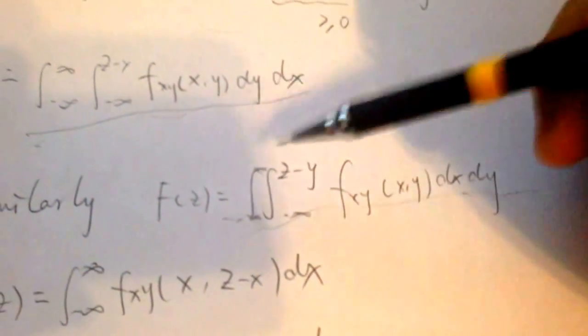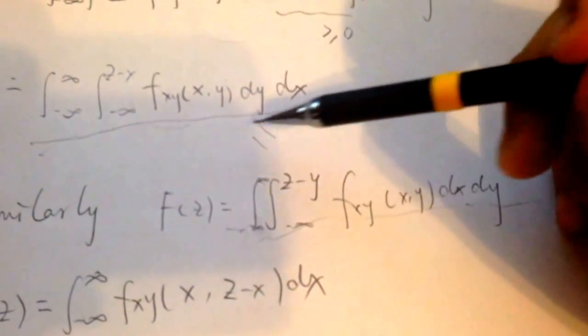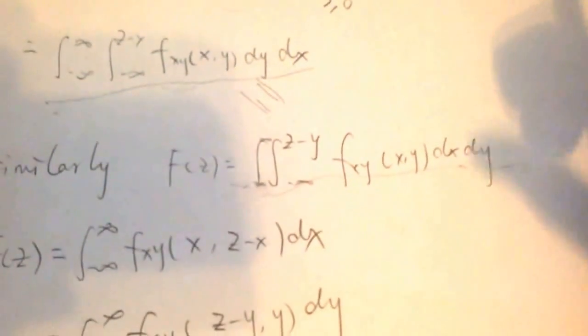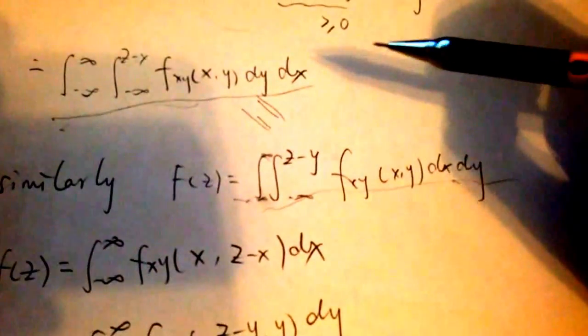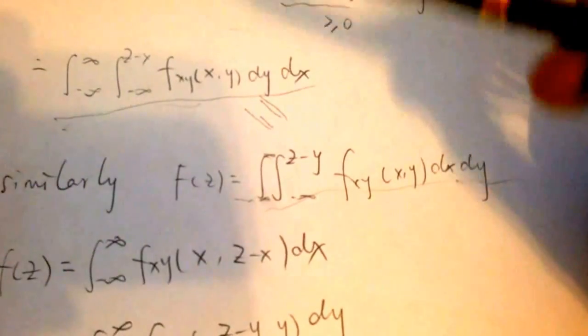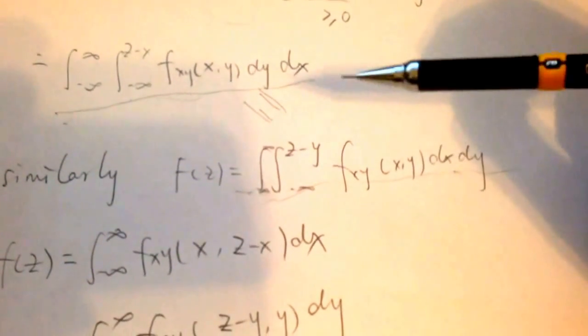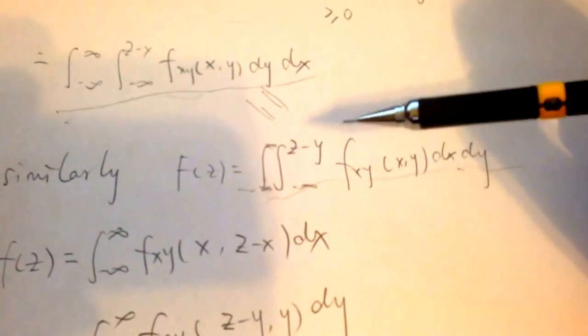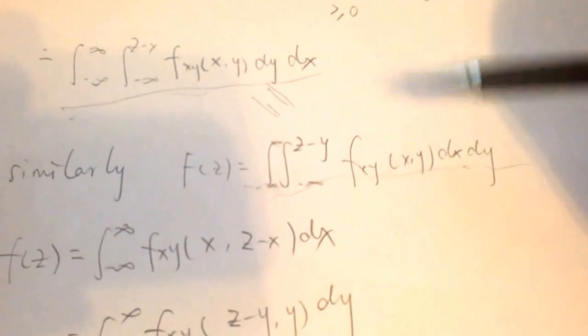Because these two are equal, when we want to get the little f of z, we need to differentiate the capital F of z.